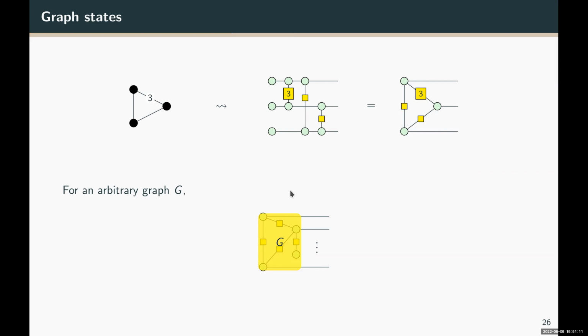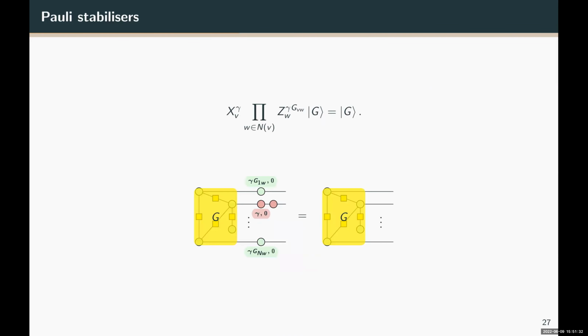So for an arbitrary graph, which is typically going to be given as its adjacency matrix, I'll use the following somewhat informal notation, which is defined more formally in the article, to represent the corresponding graph state with the corresponding underlying graph. Now, we can give a sequence of nice rules for how these graph states interact with the rest of the language.